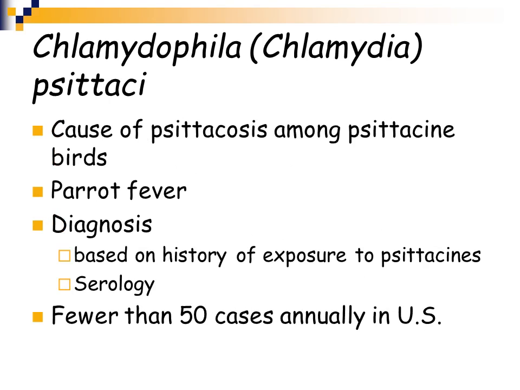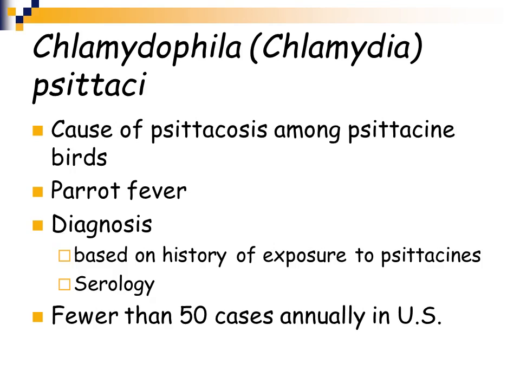Now, Chlamydophila, what used to be Chlamydia psittaci, is the cause of the disease psittacosis, and this is much more common among psittacine birds. It's also called parrot fever. So any type of psittacine bird can be infected with Chlamydophila psittaci.